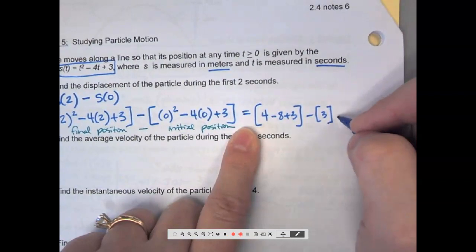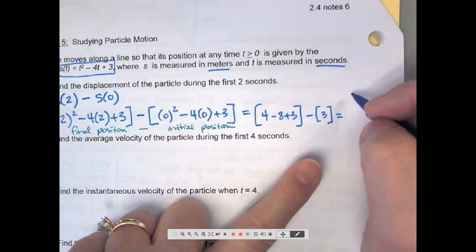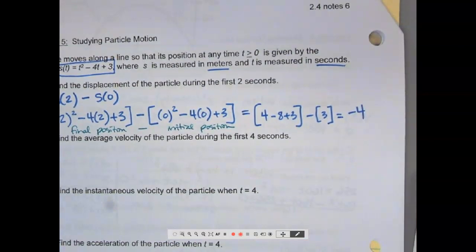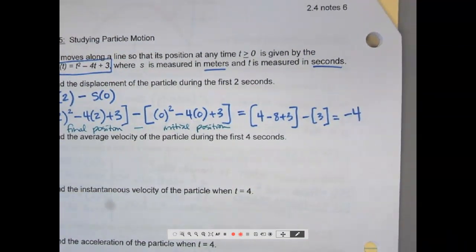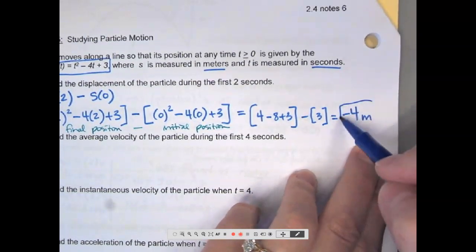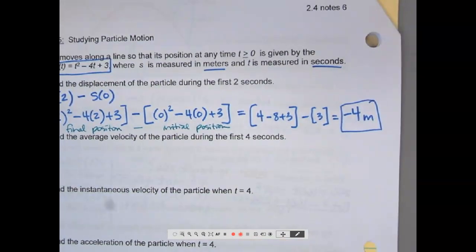So what do I get there? Negative 4. What would the units be? Meters. Just meters. So what that means is I ended up 4 meters to the left of where I started, or behind, whichever negative direction we're considering there.